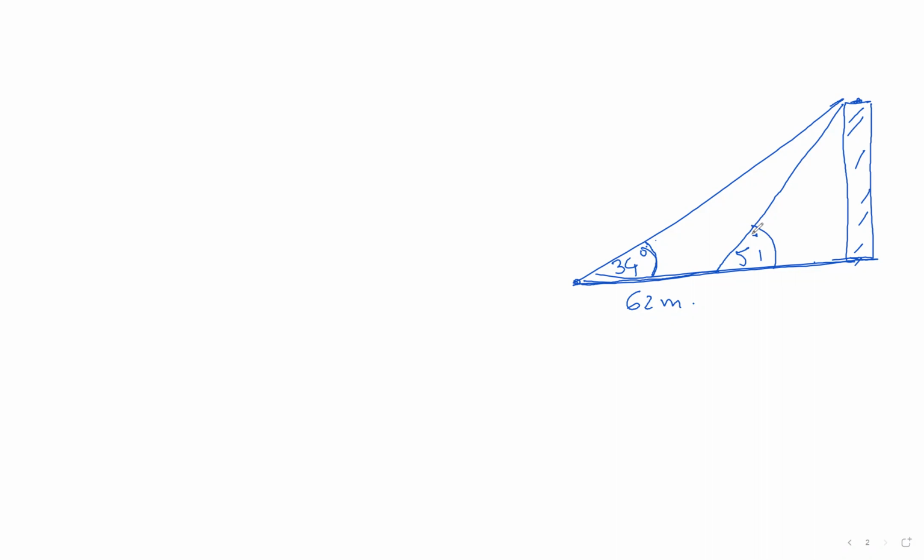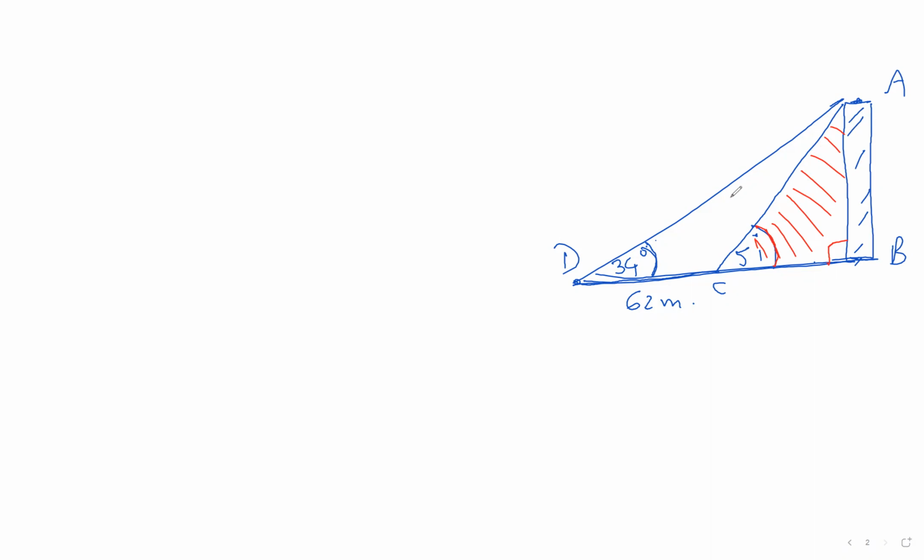This example is different from the other one, because in this figure you have a right angle triangle, and you can name the vertices A, B, C, D. In this right angle triangle, you have only two angles: the right angle, and the angle of elevation, which is 51. So in this triangle, you have to find another side.